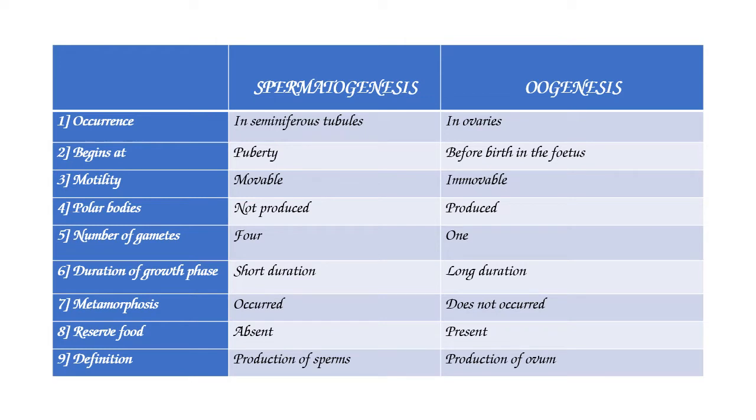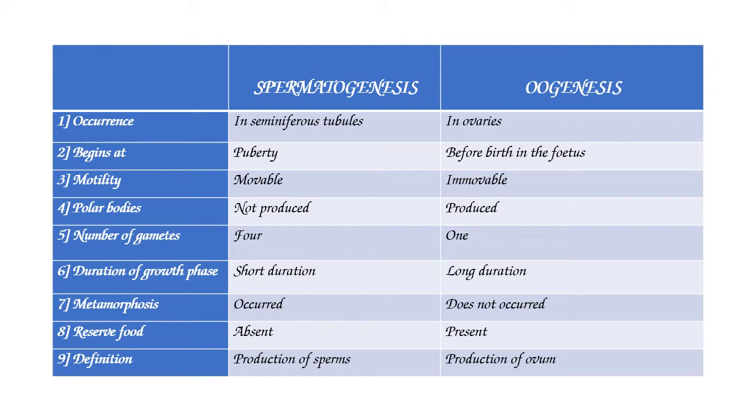And the number of gametes formed: 4 haploid gametes or spermatozoa are produced during spermatogenesis, whereas only one haploid ovum is produced during oogenesis.